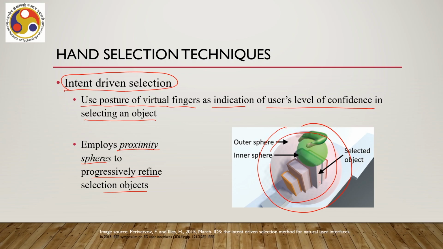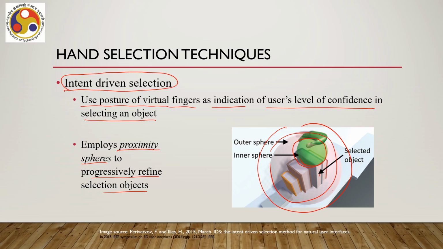This sphere encompasses multiple objects, but then as we move closer to the intended object, the sphere progressively reduces in size and comes to a more specific object, so that it is easier to indicate which one I want to select given a set of surrounding objects. So, this is the progressive refinement of the surrounding sphere or proximity sphere depending on hand postures, finger postures.